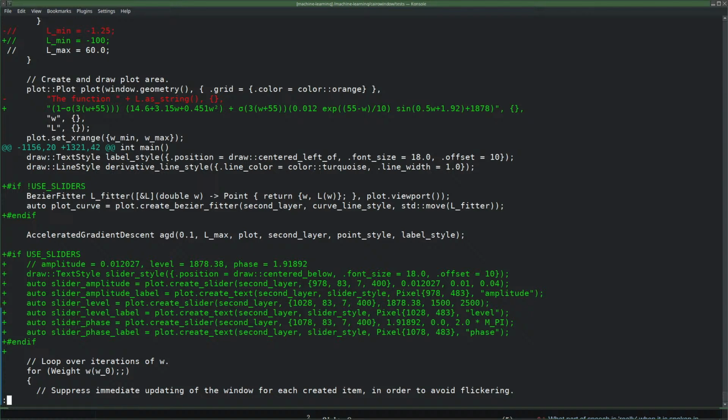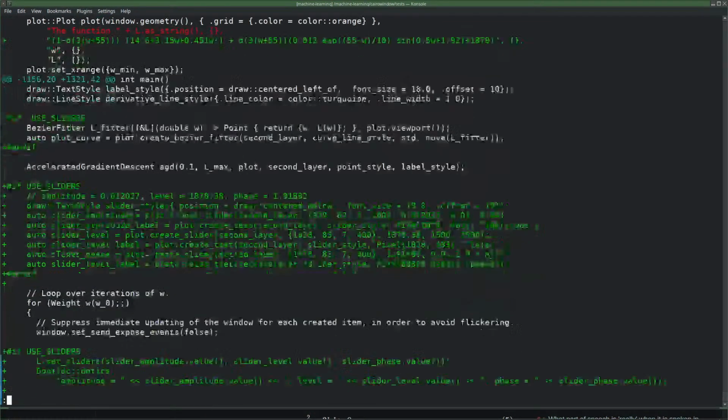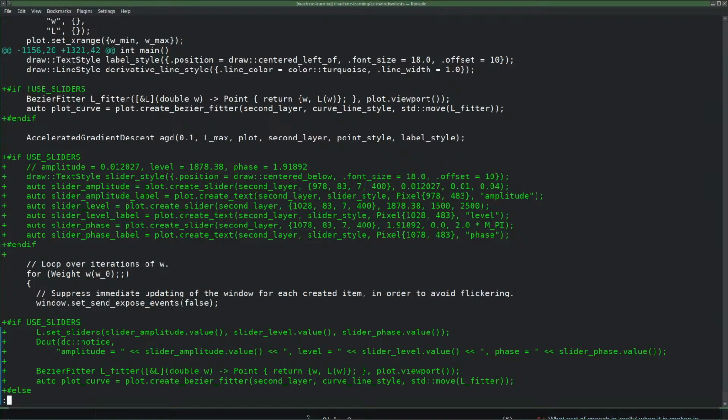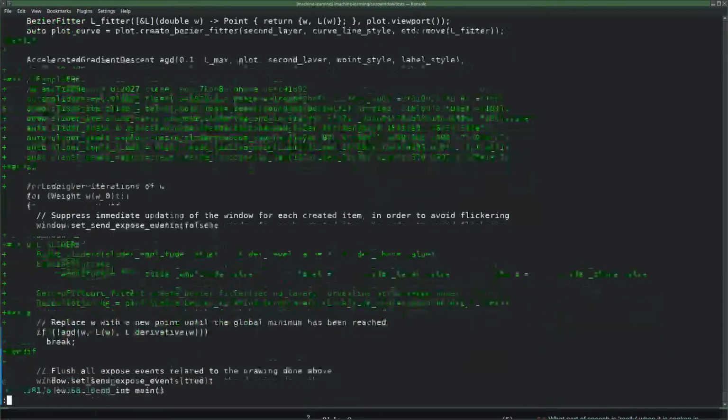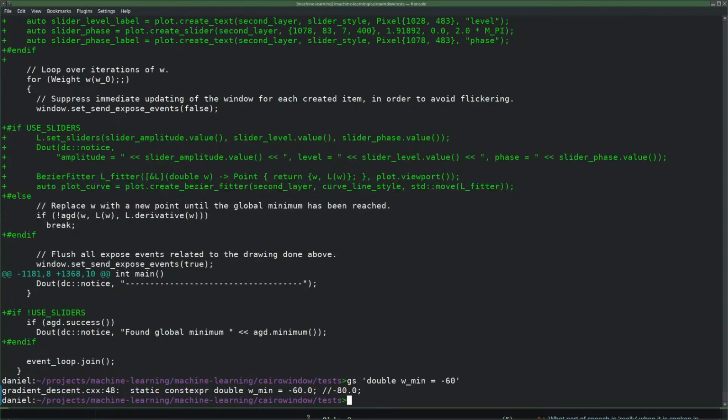Too many changes. Yeah, but before I change this, I wanted to do the reasonable jump.